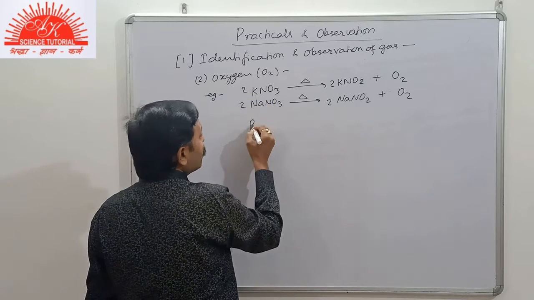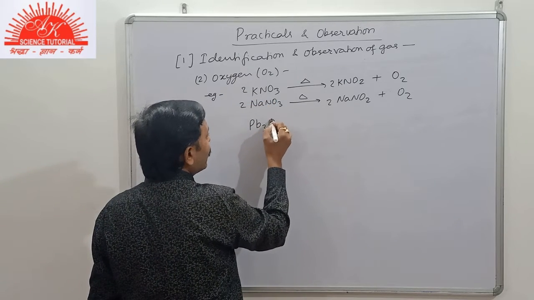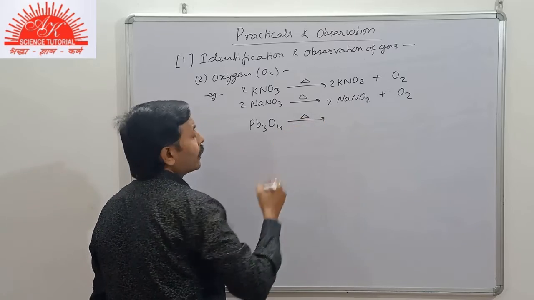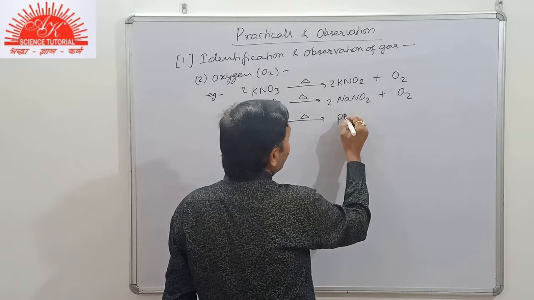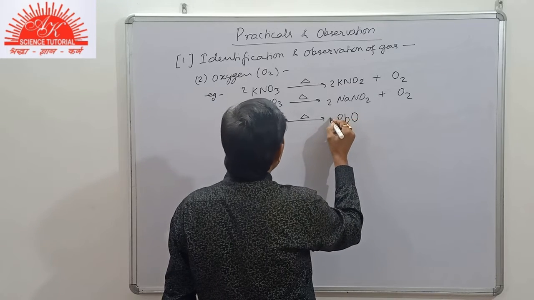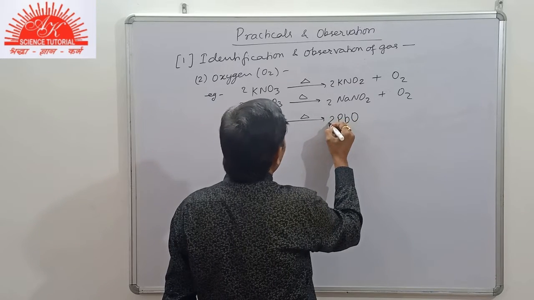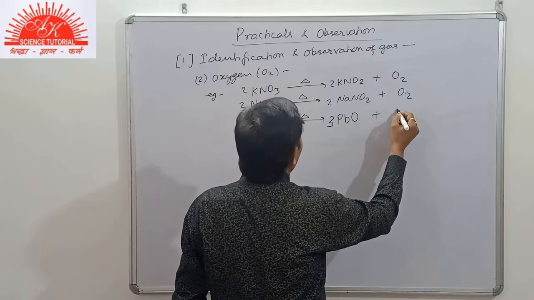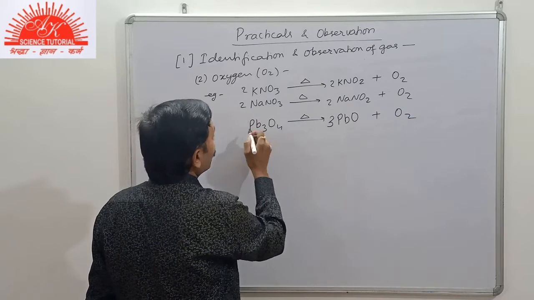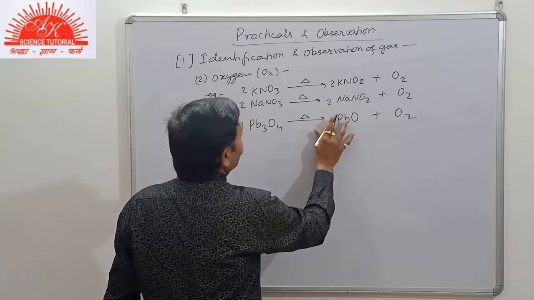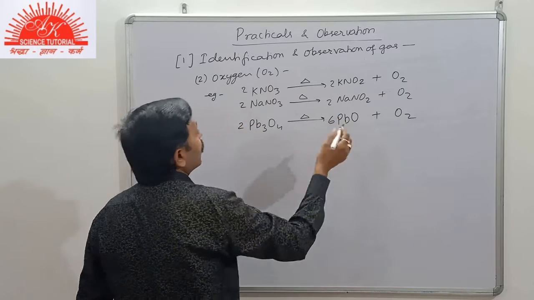Or suppose we write here Pb3O4, it is an oxidizing agent. If it is heated strongly, it gives us PbO plus O2. Now you can write here 6 PbO plus O2.